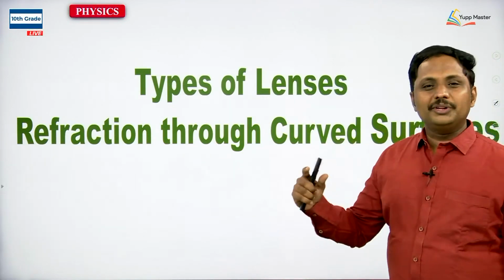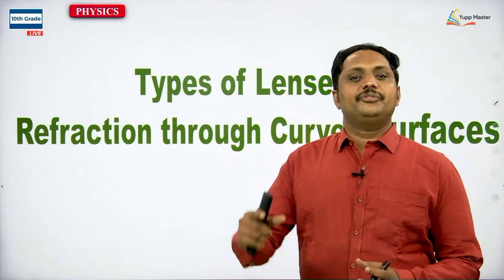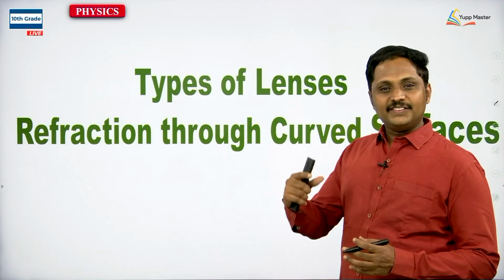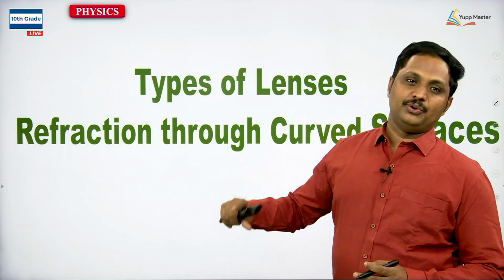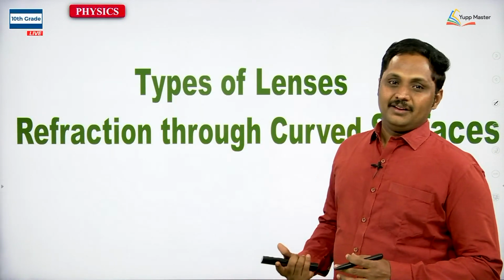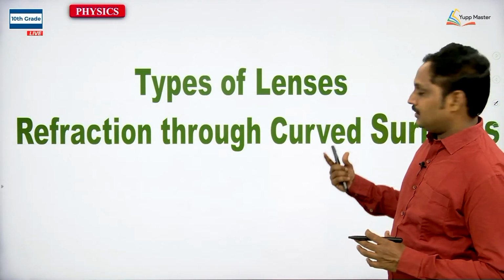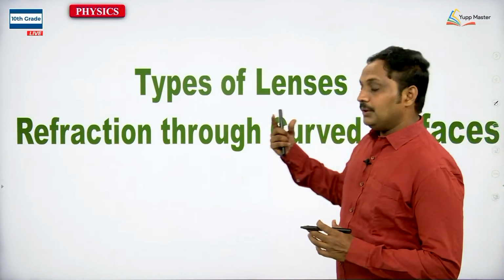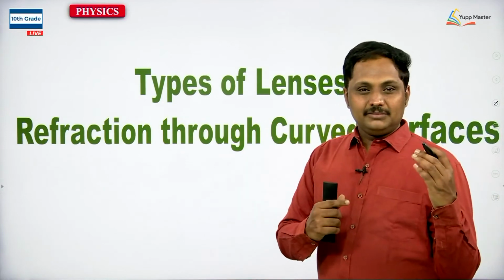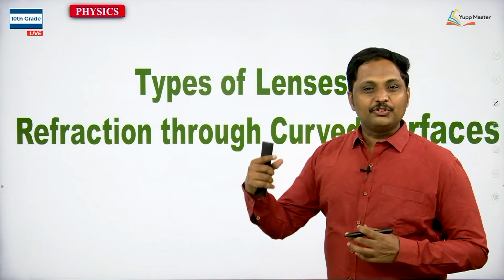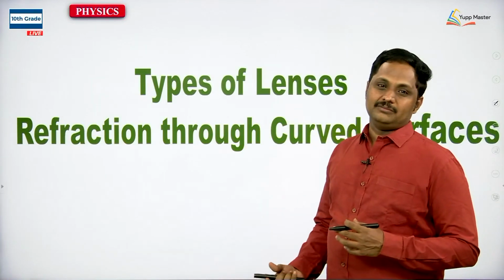We are going to talk about refraction, the phenomenon which is related to two media. The light rays enter from denser to rarer, or rarer to denser. The bending is measured with respect to the normal, either towards the normal or away from the normal.